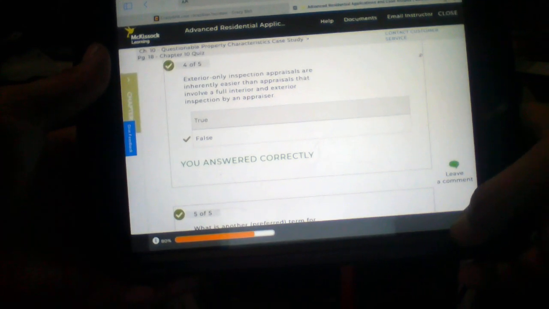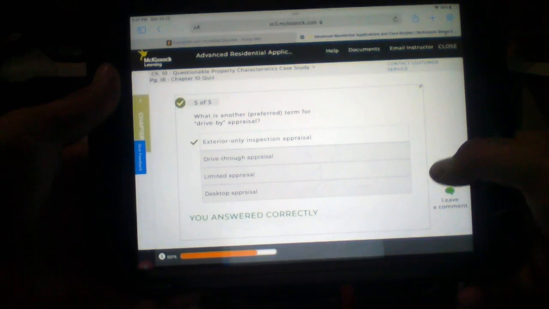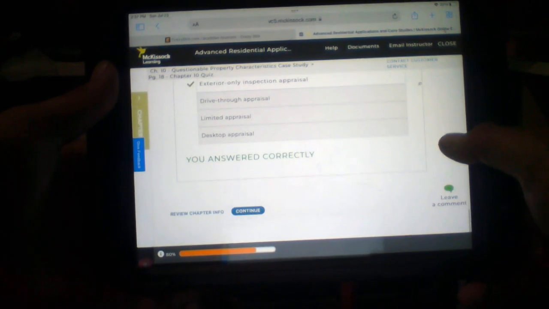Exterior-only inspection appraisals can honestly make the reporting and the math harder, because you weren't able to get a look inside. So that's the takeaway. Number 5, what is another preferred term for drive-by appraisal? The correct one that they want us to use is exterior only inspection appraisal, and that was correct.